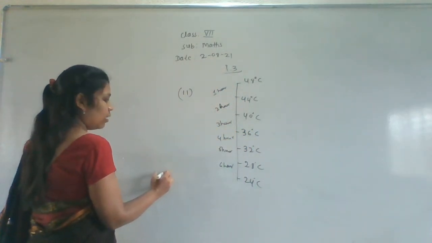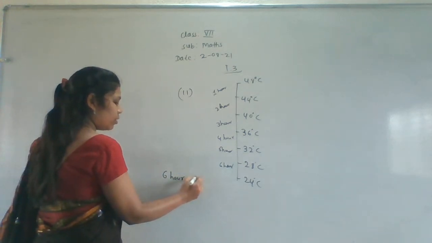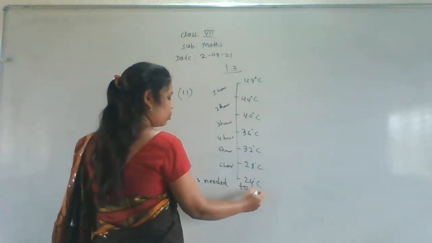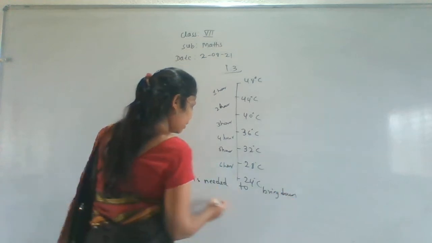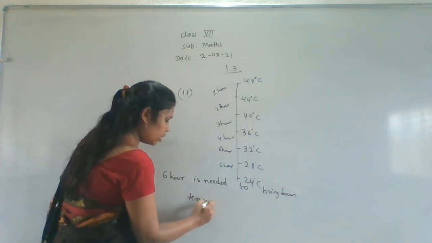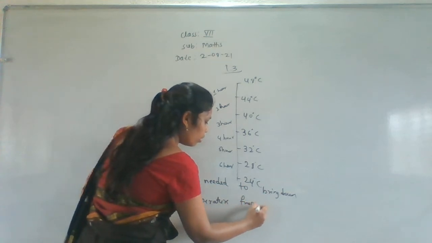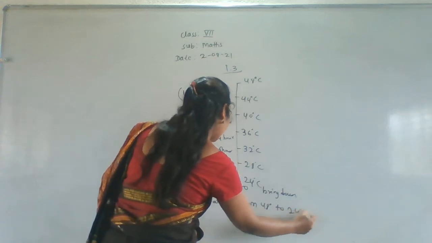See here, 6 hours is needed to bring down the temperature from 48 to 24 degrees Celsius.